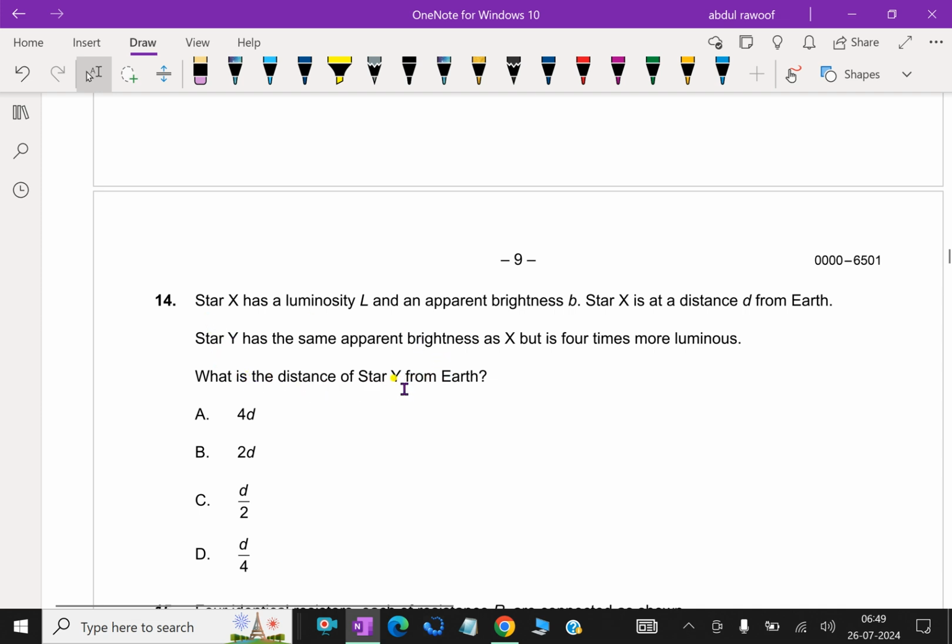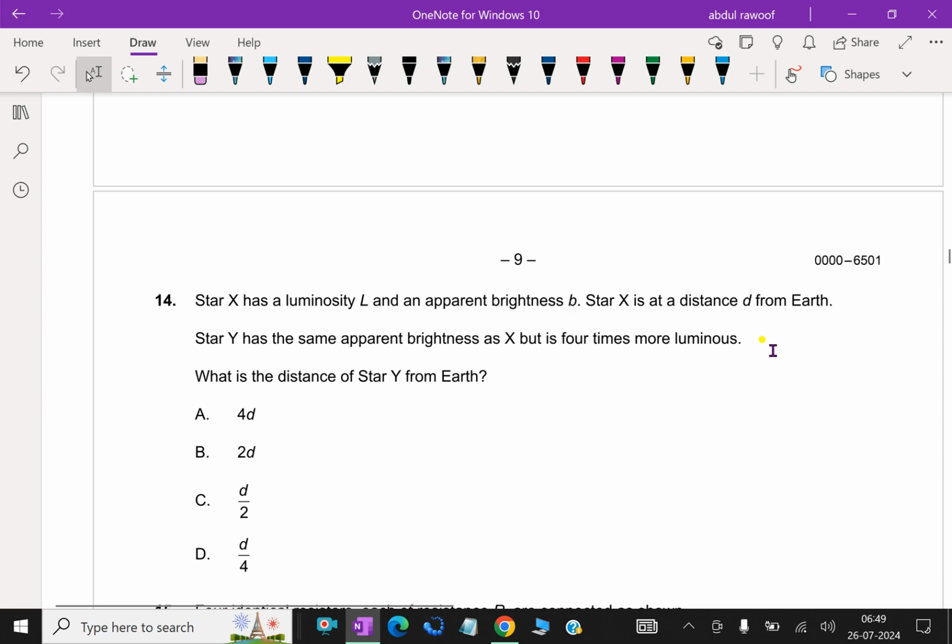What is the distance of star Y? Because here X is at distance d from Earth, and Y has the same apparent brightness as X but is 4 times more luminous. 4 times more luminous means 2 times the distance. That is, the luminosity varies as the square of the distance between them.